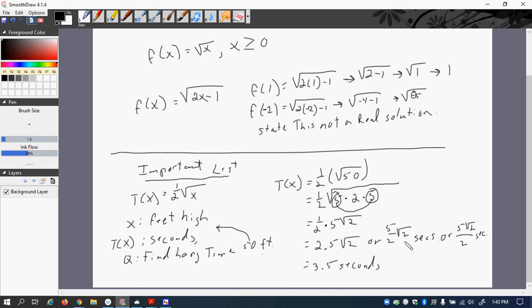You would have to write it like one of these ways, because this is really over 1, so that's why I was able to do that. So unless they say rounding, then you would probably do this. But if they don't say rounding, you have to leave the radical sign in the problem, because you can't simplify it to get rid of it. So that's kind of important to see there.